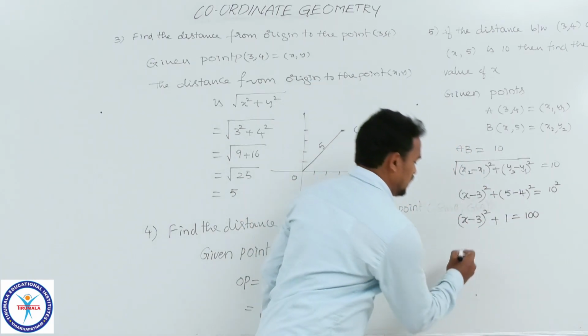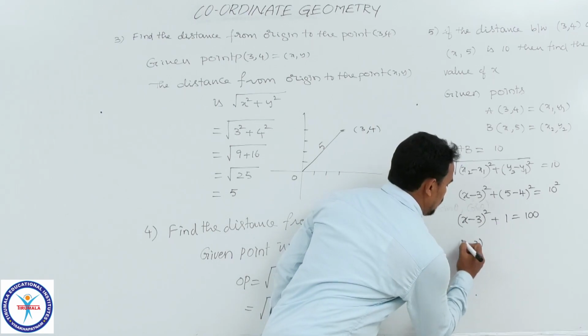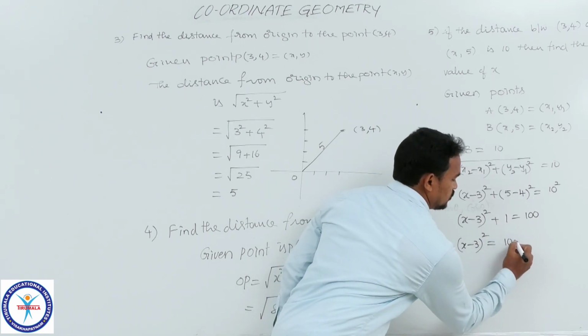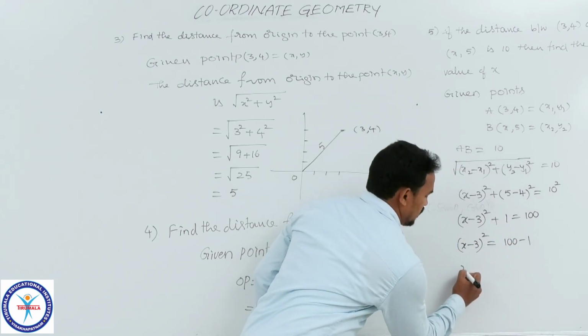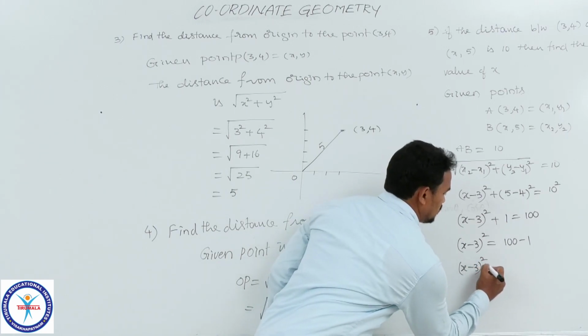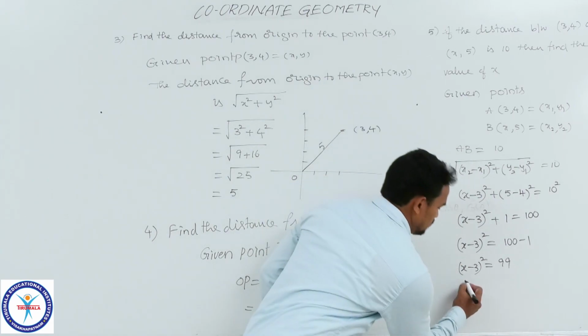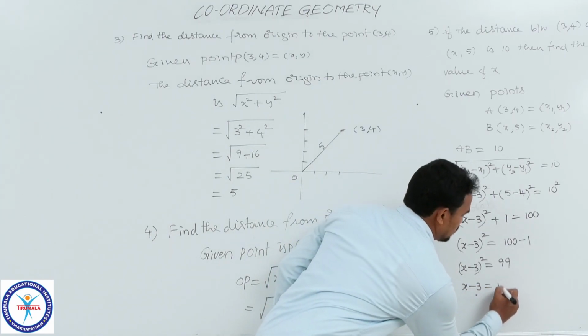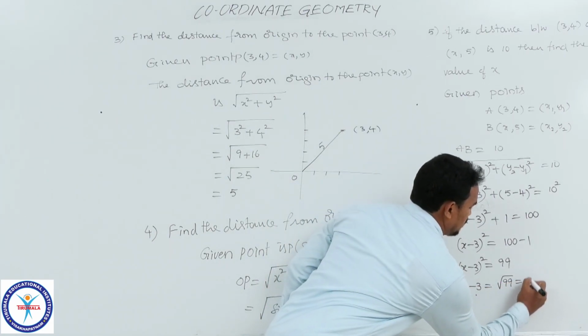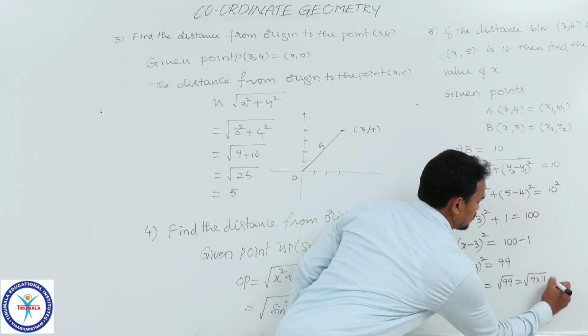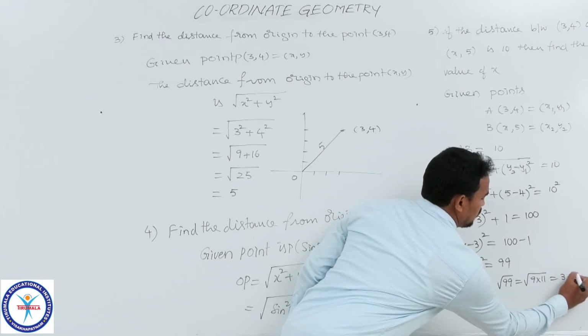Plus 1 you will take other side, x minus 3 whole square is equals to 100 minus 1. X minus 3 whole square is equals to 99. Now square you will take other side, x minus 3 is nothing but root 99. Root 99 means root 9 into 11, that is equals to 3 root 11.